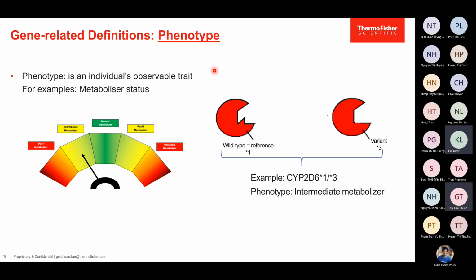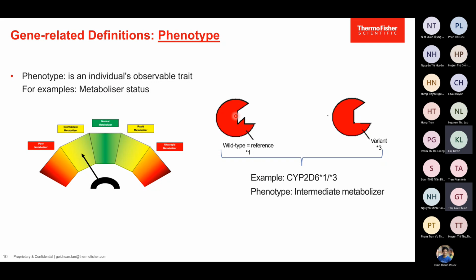Then the next word, phenotype. Phenotype is an individual's observable traits. In the case of PGx, pharmacogenomics, it refers to the metabolizer status.